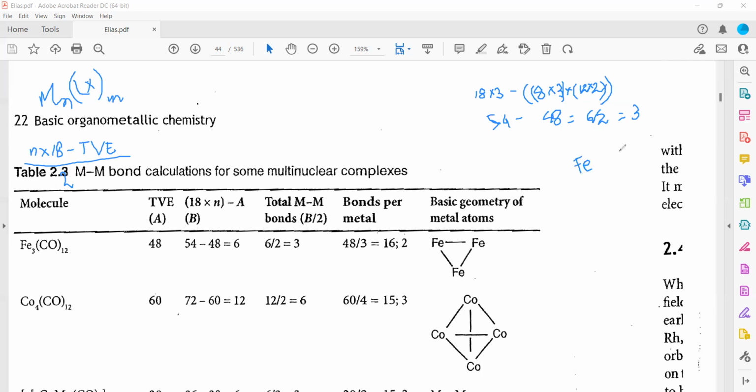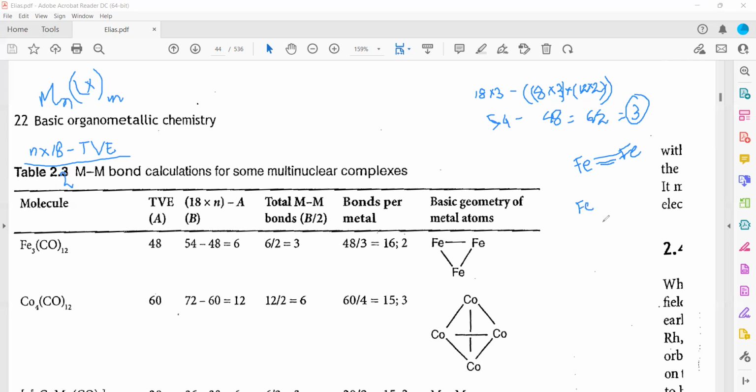If you have just the knowledge of the total number of metal-metal bonds, then probably you cannot make the structure of the complex, because you don't know how many bonds each metal carries. So these 3 bonds you can make here also, and you can consider another iron doesn't have any metal bond with the other 2 irons.